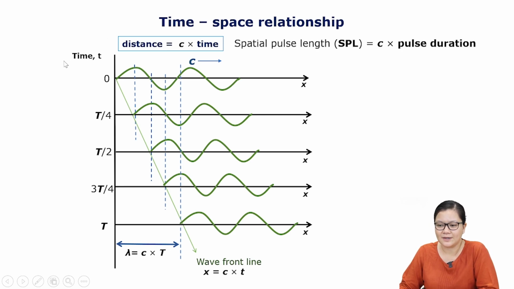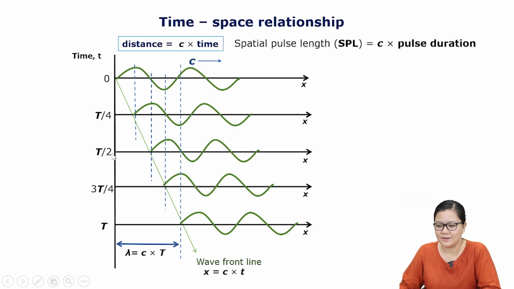Here is just a pictorial depiction of what is actually going on. In this y-axis, I have time, defined by the period at different instances of time, where T is one period. And you have here the x direction, which is the unit of space. We have our pulse here as a function of space. At another instance of time, let's say a quarter of a period has passed, then this wave has moved in this direction.